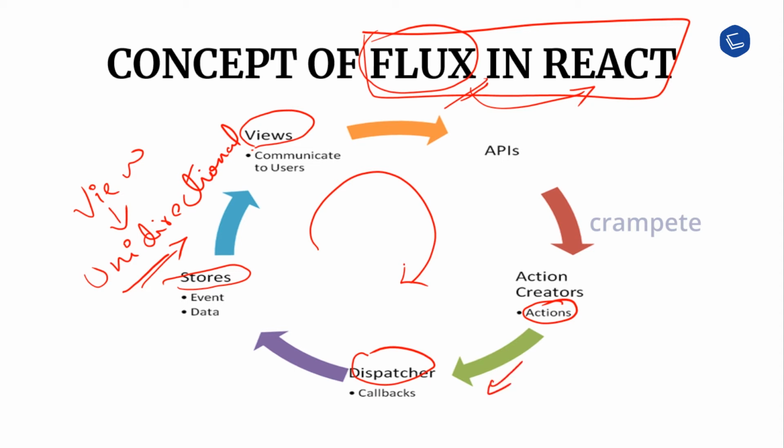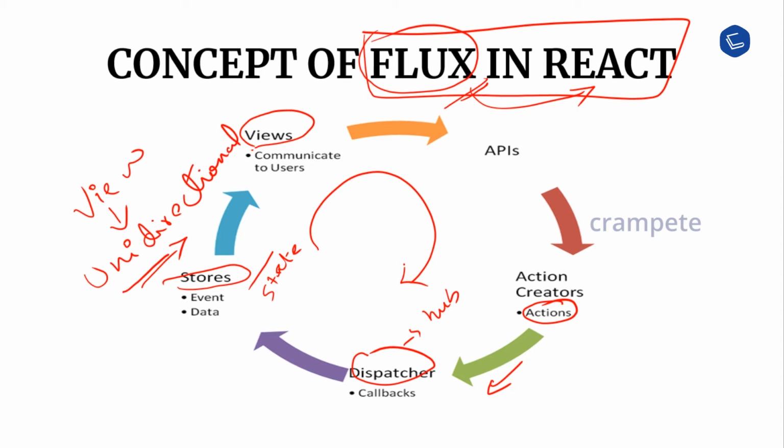Dispatcher, this is a central hub. All the data is dispatched and sent to the stores. So the store is a place where the application state and logic are held. Every store is maintaining a particular state and it will update when needed.